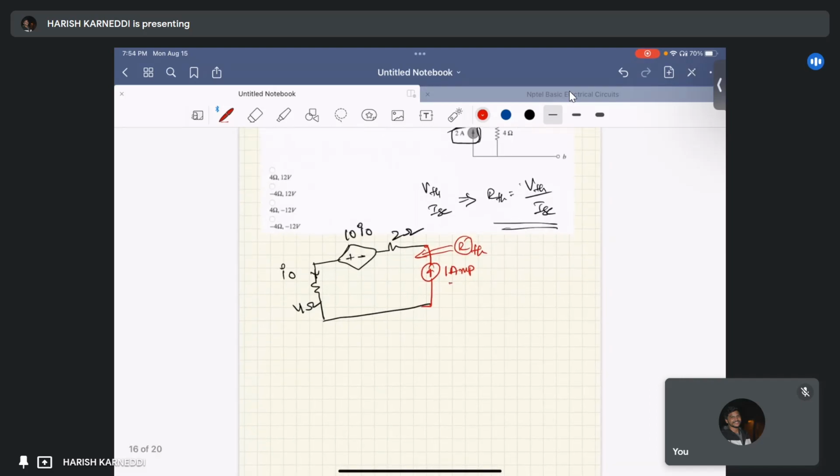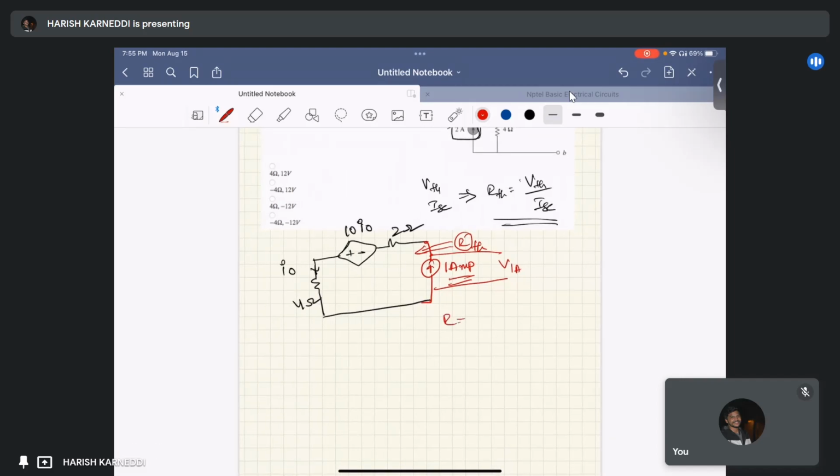I'm applying a 1 ampere current source, so I will find the voltage across my current source. From Ohm's law I can find V by I.